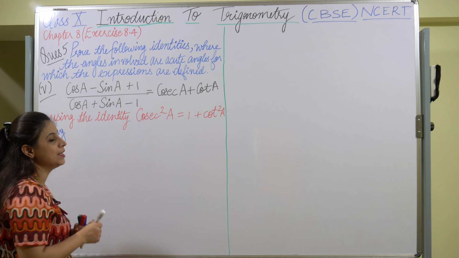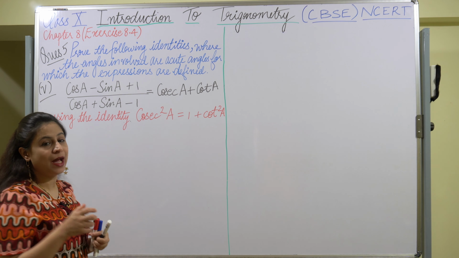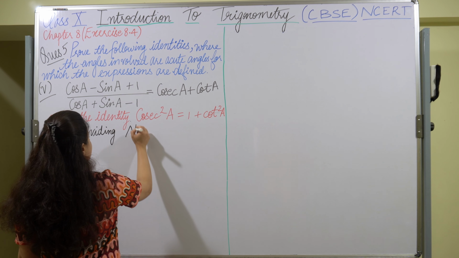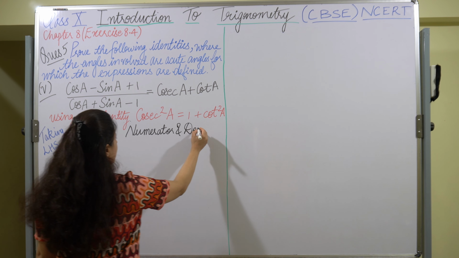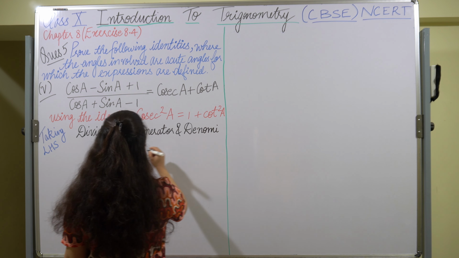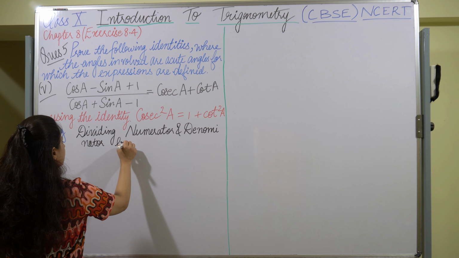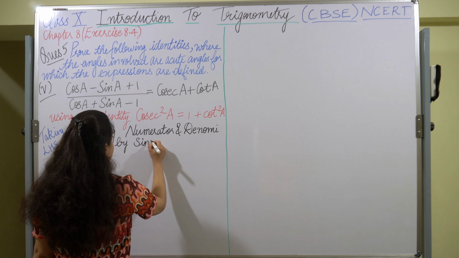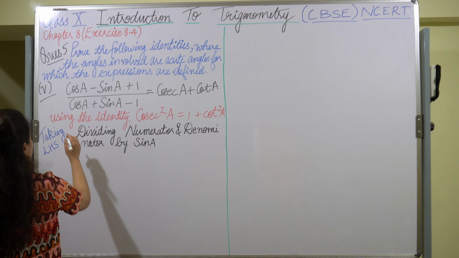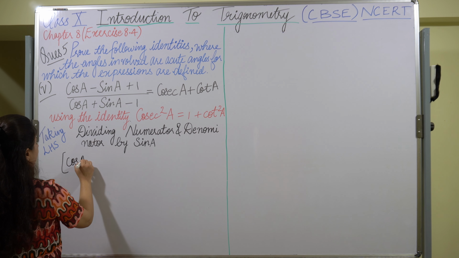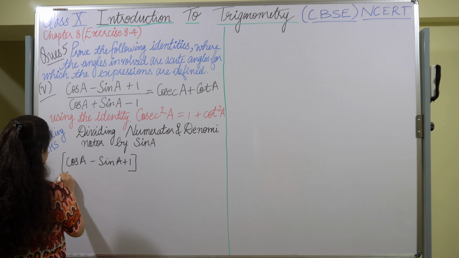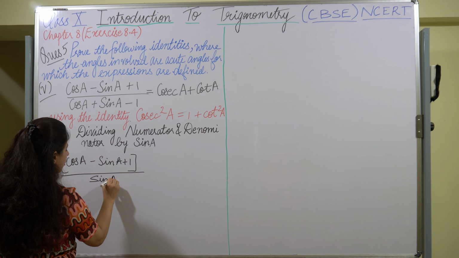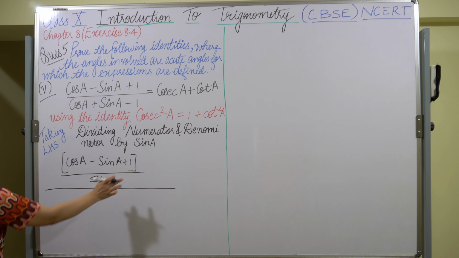Okay. So let us start dividing the numerator as well as the denominator by sin A. So in the numerator we will be getting cos A minus sin A plus 1 upon sin A, and this is the numerator part.